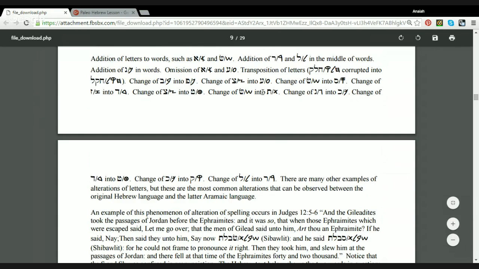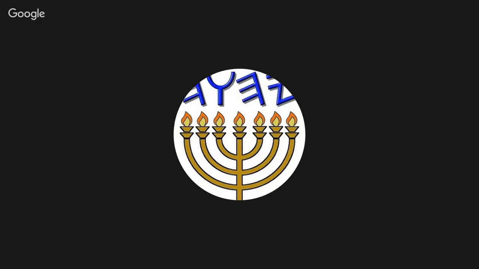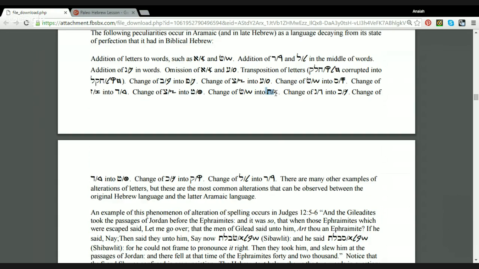Like Shabbat. They sometimes say it as Sabbath. Have you ever seen them say Shabbos? Shabbos. Have you heard that? I've heard of something like that before.